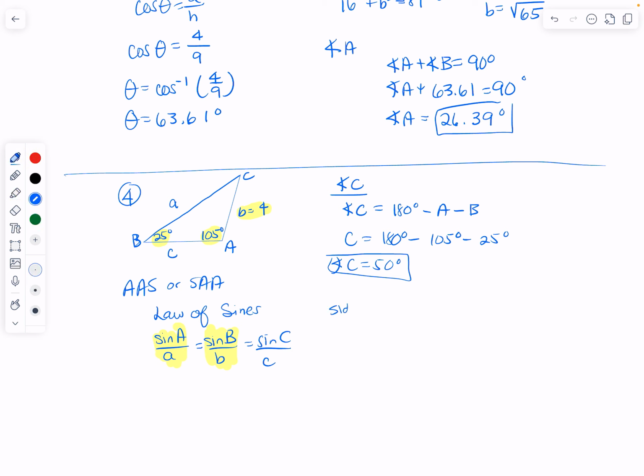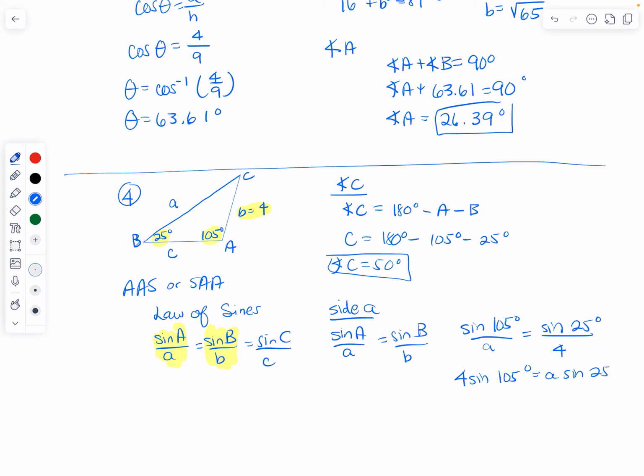So I'm going to do side A, and that's going to be sine of angle A over A equals sine of angle B over B. So sine of angle A is 105 over A, which we don't know, we're looking for that, equals sine of angle B, which is 25 degrees, over B, which is 4. So 4 times sine of 105 equals A times sine of 25 degrees. A, therefore, is 4 times sine of 105 all over sine of 25 degrees.